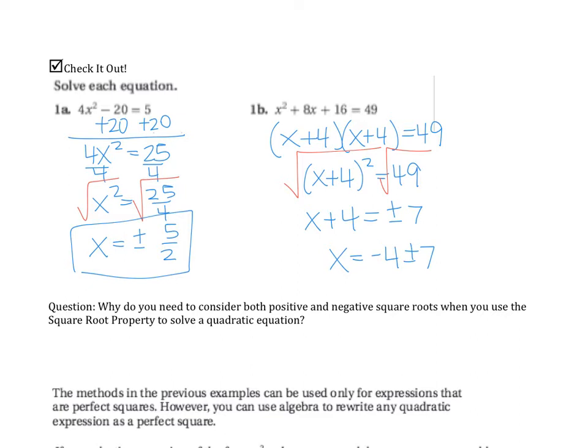When you end up with integer numbers such as this one, then you must break it into the 2 parts, -4 plus 7 and -4 minus 7. You end up with integer answers. Okay? Moving on.